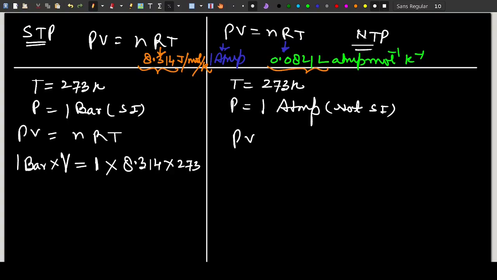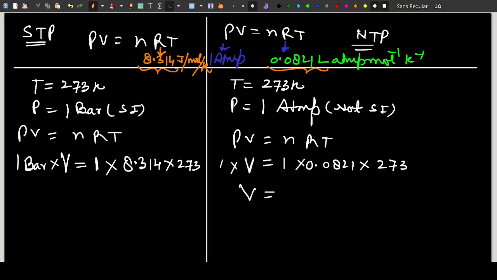Here the same thing, PV is equal to nRT, n value is 1, R is 0.0821 and temperature is 273. Here pressure is 1 atmosphere, and volume V comes to 22.4 liter.